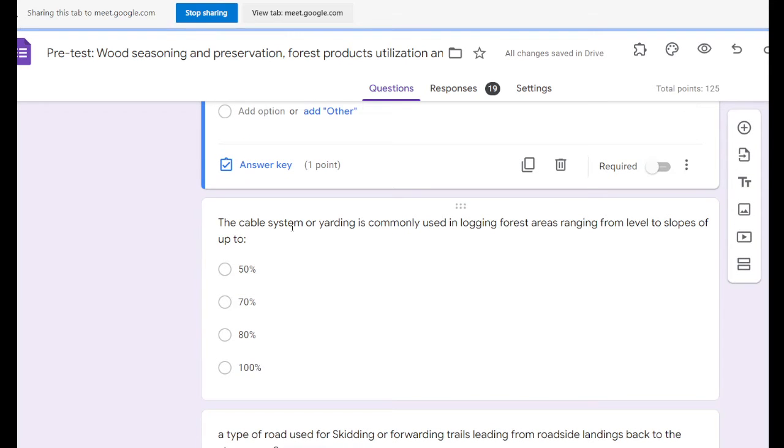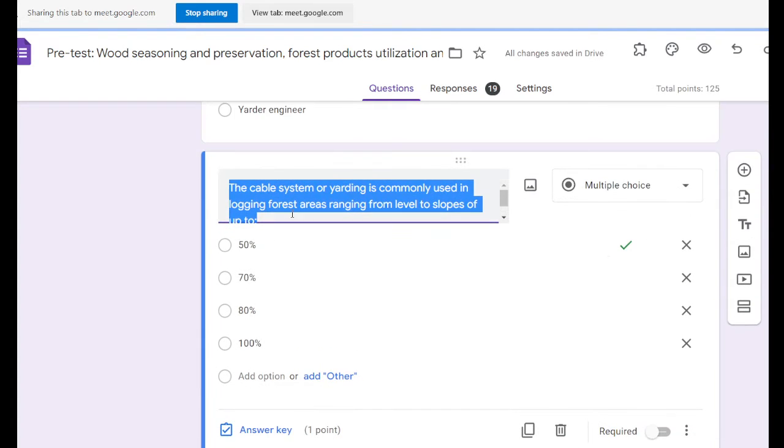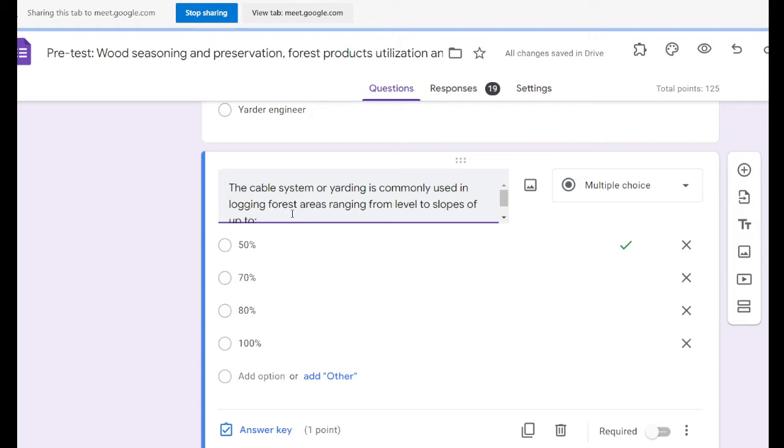Next, a cable system of yarding is commonly used in logging forest areas ranging from level to slopes of up to, correct answer is 50%. Okay, a cable system is actually a type of logging or harvesting system.